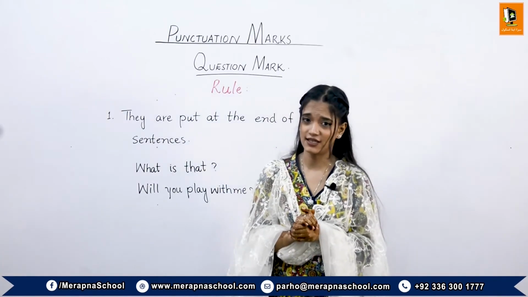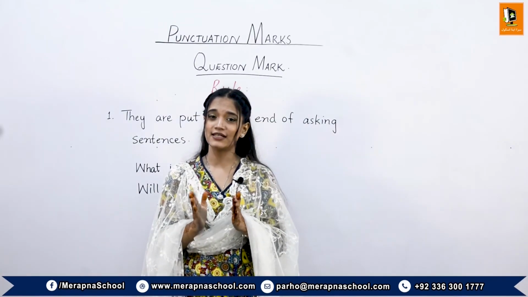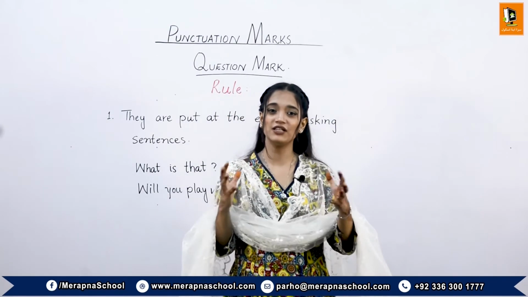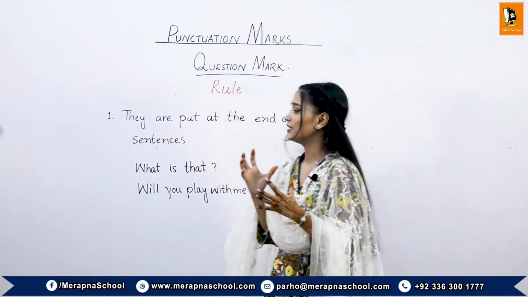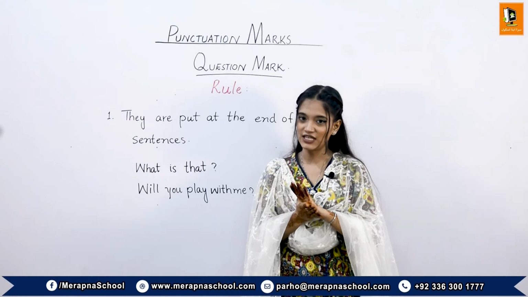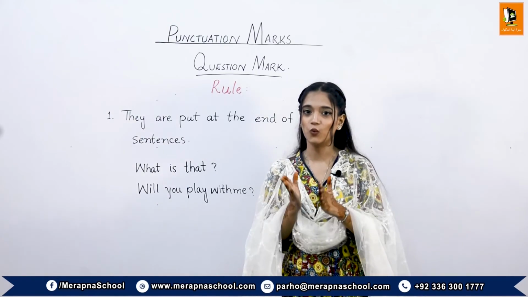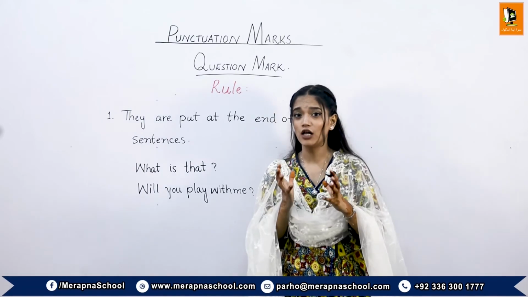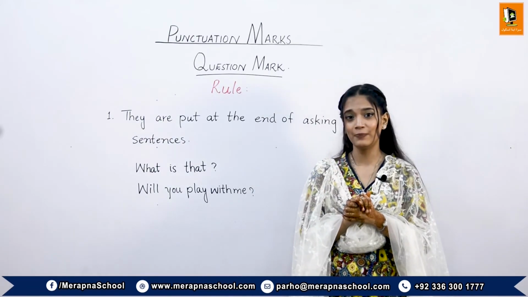Now what are asking sentences? Asking sentences are sentences which ask a question. They are also called question sentences. And they start with question words like what, which, who, whom, where, etc. They can also start with some helping verbs.